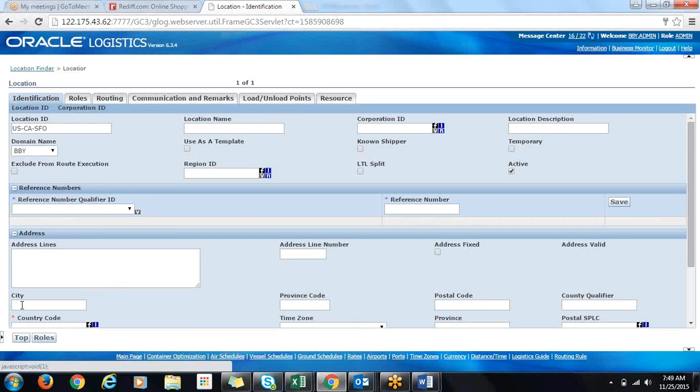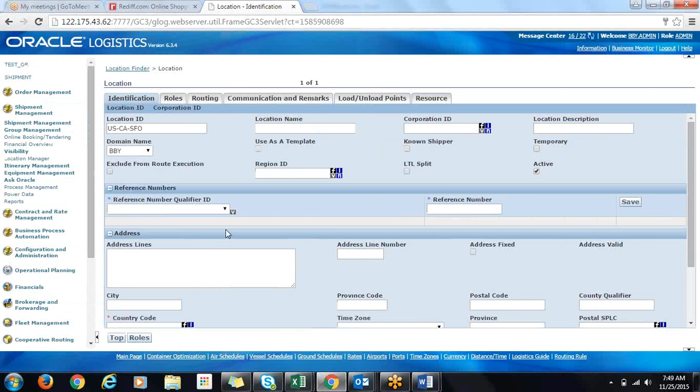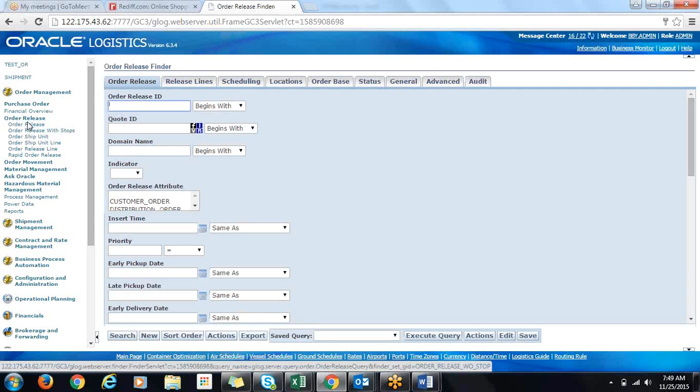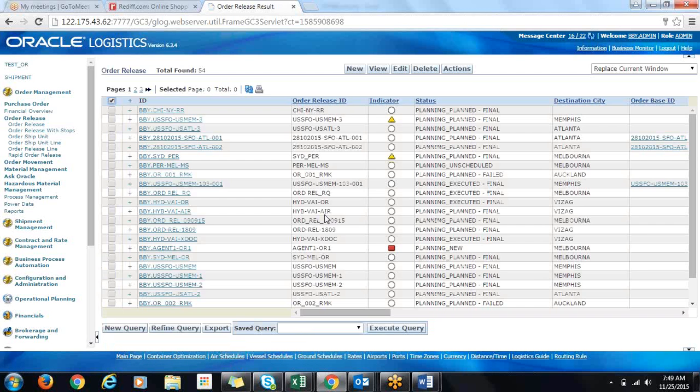And I have an order that is a kind of parcel, and an order that is a kind of LTL. I just want to know what the best algorithm is, and how OTM helps us to tackle these scenarios.